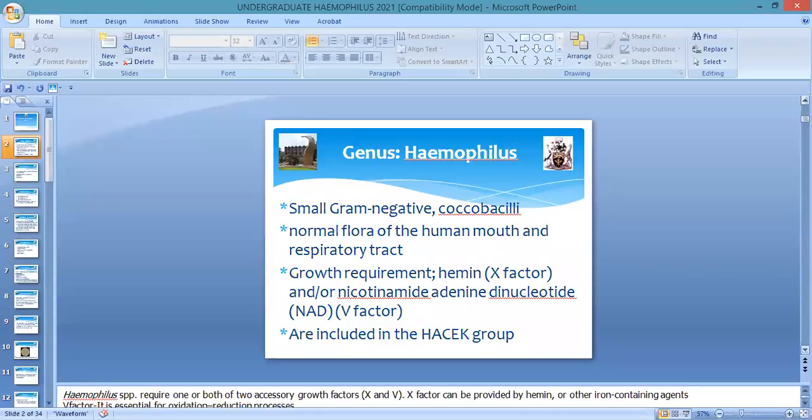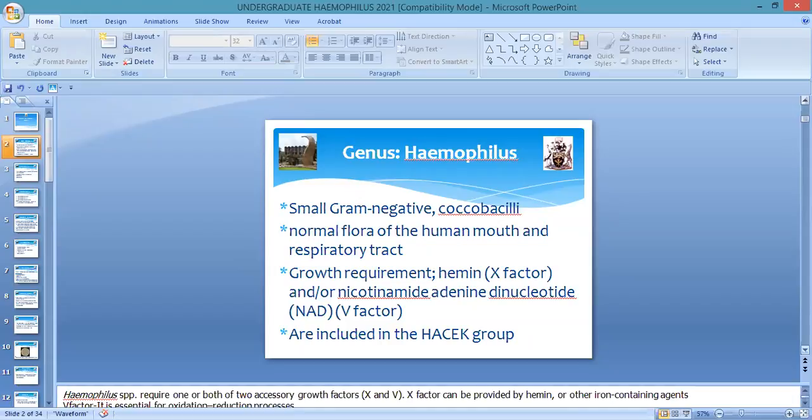The X factor is usually provided by hemine, so that's within the RBCs, while the V factor is very essential when it comes to oxidation reduction processes of the cell. They are also included in what we call the HAFEC group of pathogens, so how pathogens are classified based on their pathogenesis. So they are grouped as HAFEC.